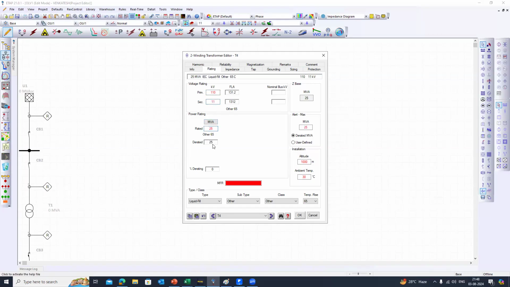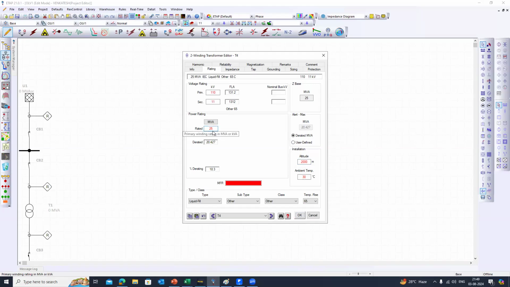Now, here you can see there is a factor called derated. This derating factor will be applicable with respect to the altitude and the ambient temperature. Suppose I change this altitude from 1000 meters to 2000 meters, let's see what happens. See, your transformer has got derated by 18.3%.